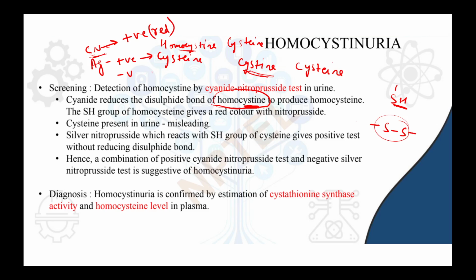If the silver nitroprusside test is negative, then we have homocystine, because silver cannot break the disulfide bond. So silver won't react with it, the free sulfhydryl group will not be present, and there will be no color change with silver nitroprusside.